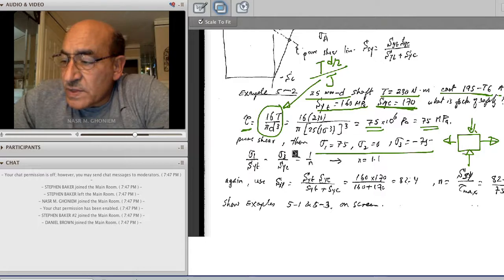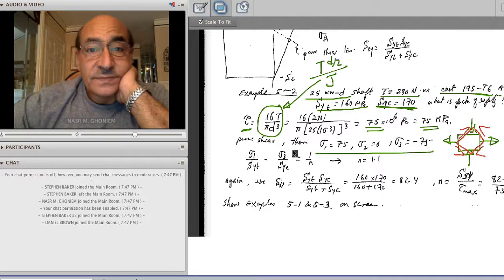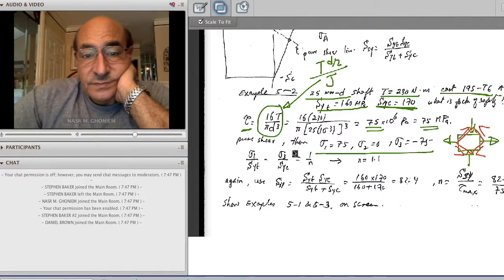If you rotate this element 45 degrees, then the rotation will give you an element that has only pure shear. So these two are equivalent. Is this okay? Yeah, that's good. Thanks, Professor.